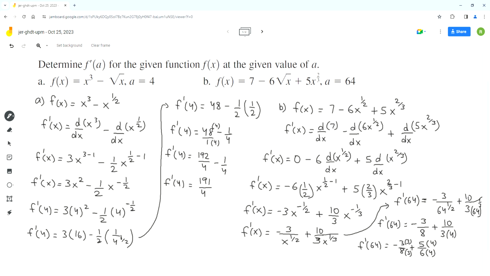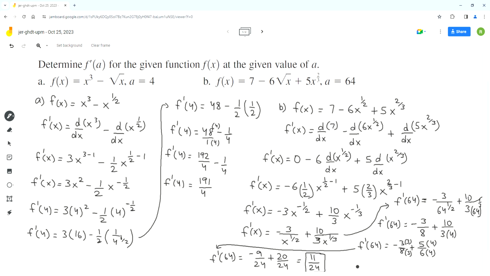So prime of f at 64 equals negative 9 over 24 and then plus 20 over 24, which is equal to 11 over 24. So this should be the final answer for the derivative of this given function f of x at x equals 64.